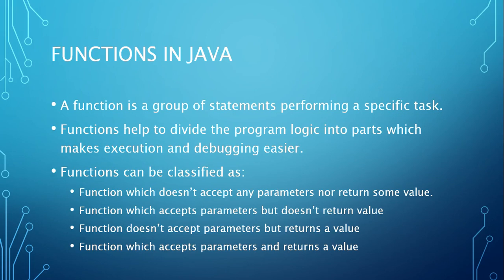So first of all, let us understand what you mean by a function. A function is nothing but a group of statements which are performing a specific task. Let's say you have assigned some work to someone. The person has to perform a set of tasks in the order of A, B, C. So what you are doing is you have created a function.